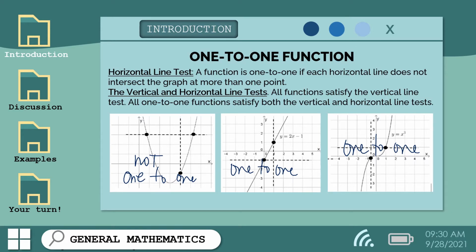Ganun din po na kapag i-graph mo yung function na yun, ay masasatisfy niya yung vertical line at yung horizontal line test natin. Okay? So, ngayon, yung next lesson natin ay gagamitin naman natin itong mga one-to-one function na concept to represent some real-life situation.